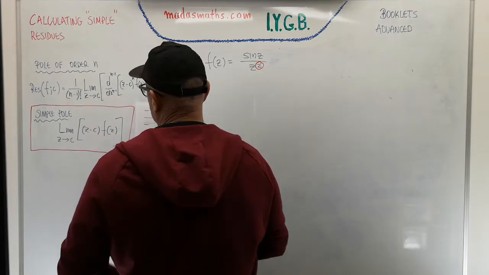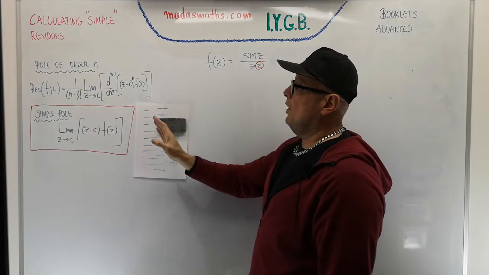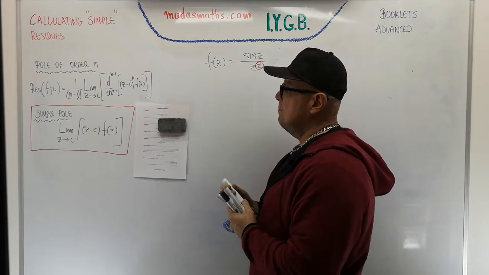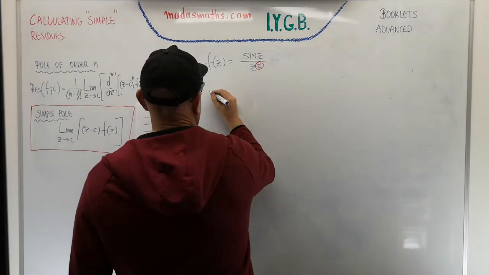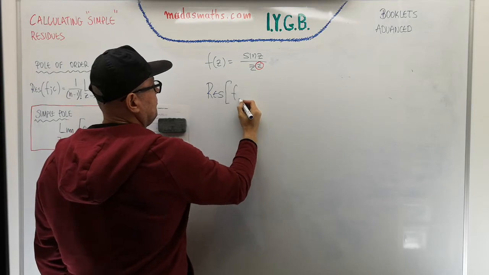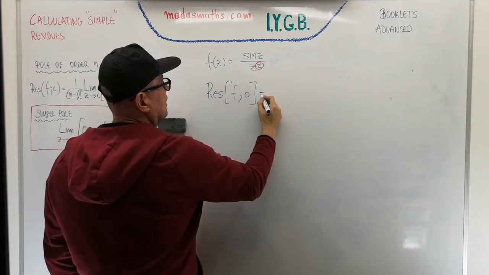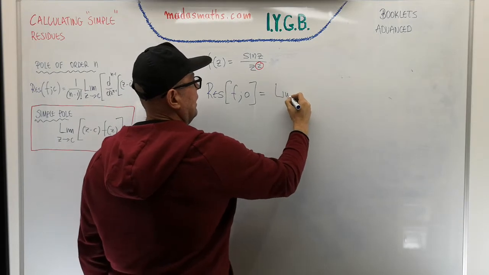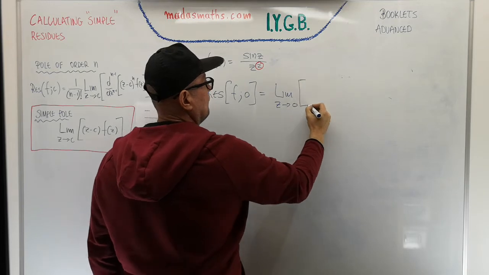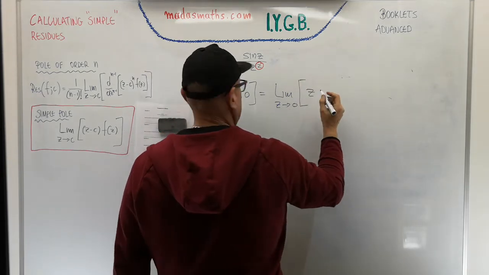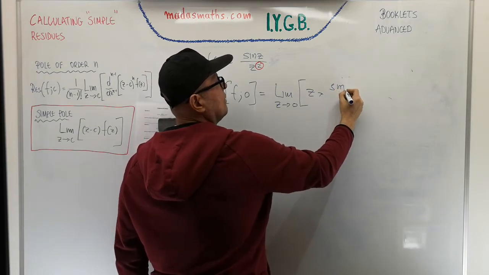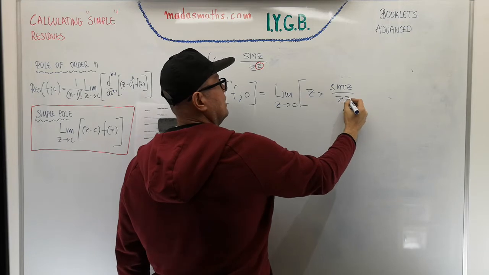To use the formula, we have to realize this pole is actually a simple and not a double, so we have to use this particular expression. It's not that difficult. Probably less to write, actually. The residue of f at the origin is the limit as z tends to 0 of z times f of z, which is sine z over z squared.